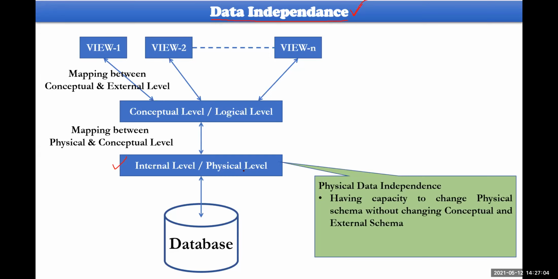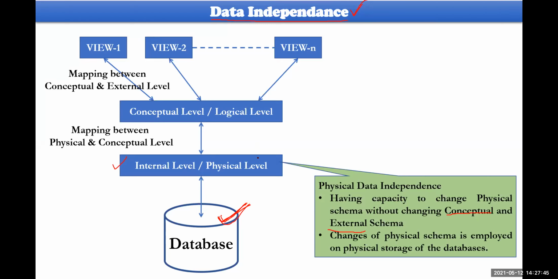Then changes in the physical schema will always be employed at the actual database, in this particular auxiliary storage. It will be accepted and done here in the internal schema. But these cannot take place in higher levels.